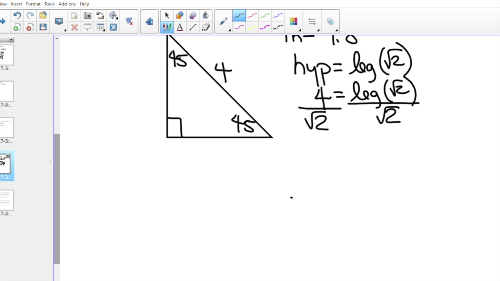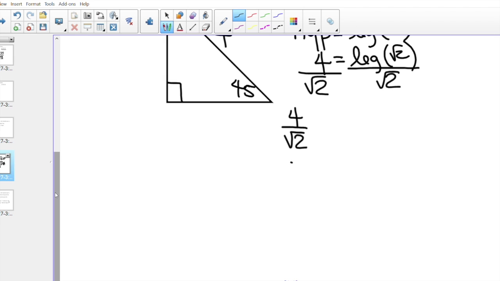Now, that gives us 4 over the square root of 2. We cannot leave a radical in the denominator, and the expression is rationalize the denominator.